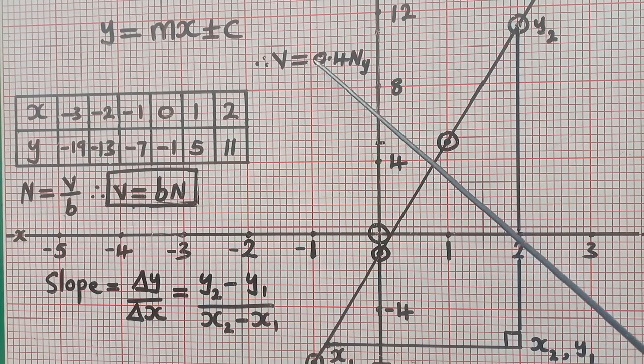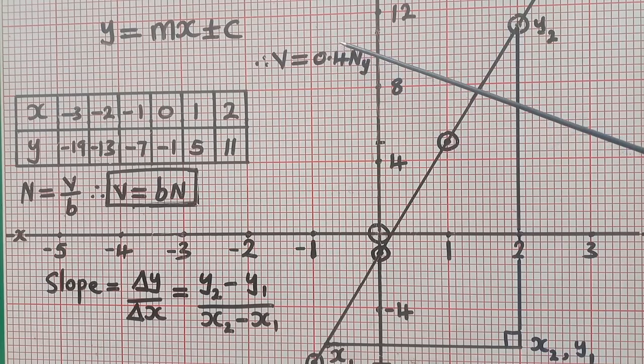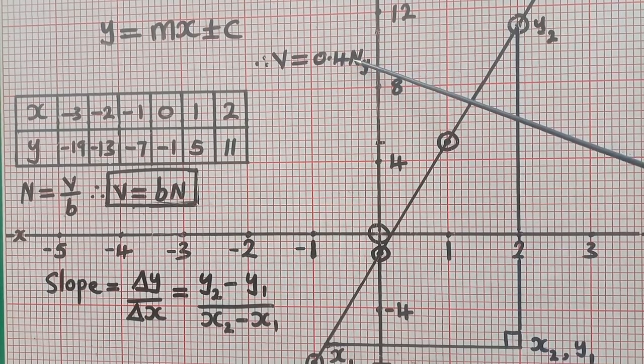Again, v is equal to 0.4 ny. So now 0.4 is known. Ny must be found. So we can simply say 0.4 times that number of boxes. Let's count from here to here to know the value of ny, so we can know the value of y at this point.